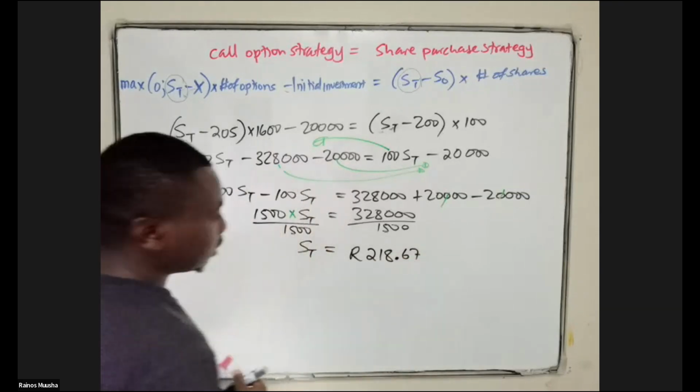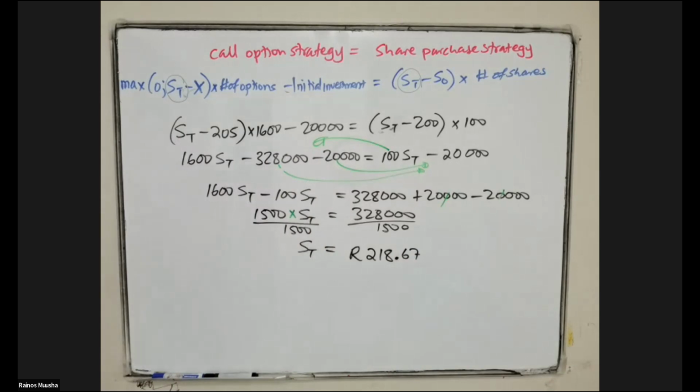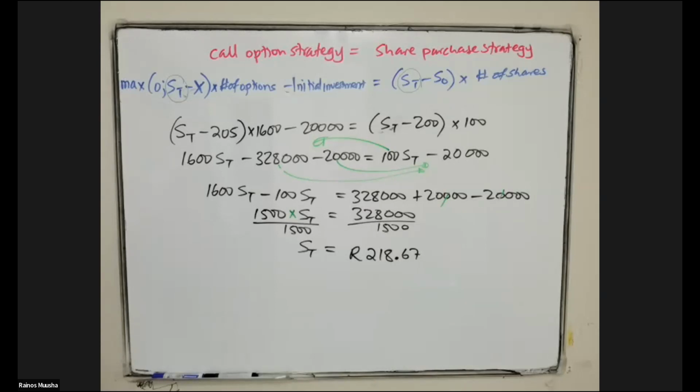So this is the spot price where the call option strategy and the share purchase strategy give you the same payoff. So which means the call option strategy is more profitable.